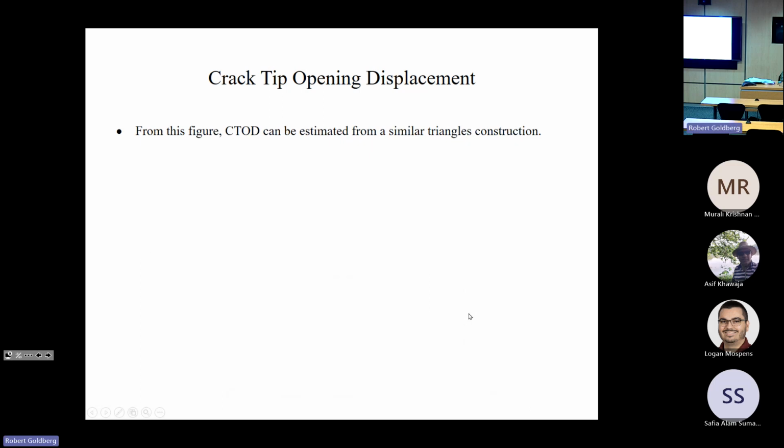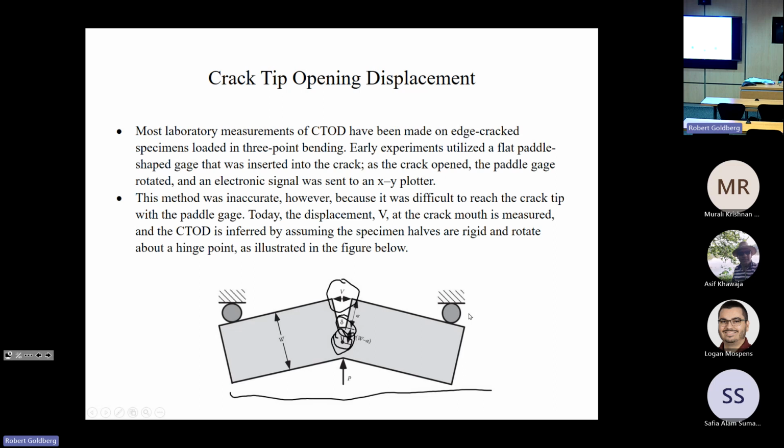So from this figure, we can look at the various dimensions that were given that I admit are kind of hidden by some of my circles, and you can do a similar triangles analysis. Excuse me. So you take this big triangle and you use similar triangle arguments that you learned in basic trigonometry, and you relate it to this little triangle here.